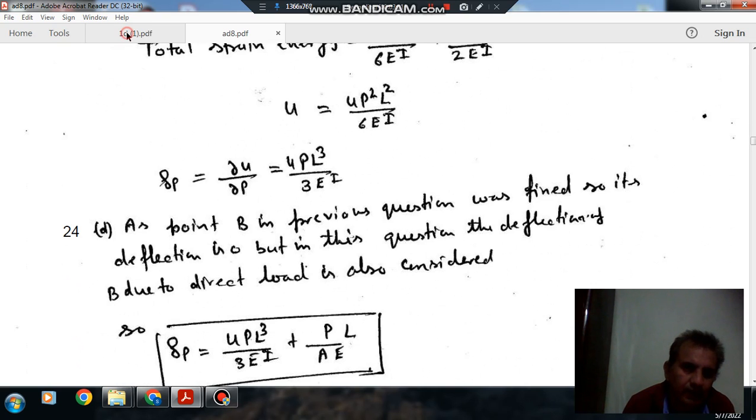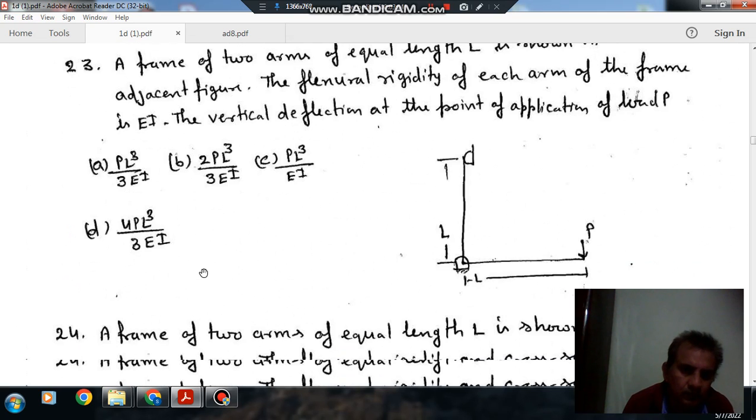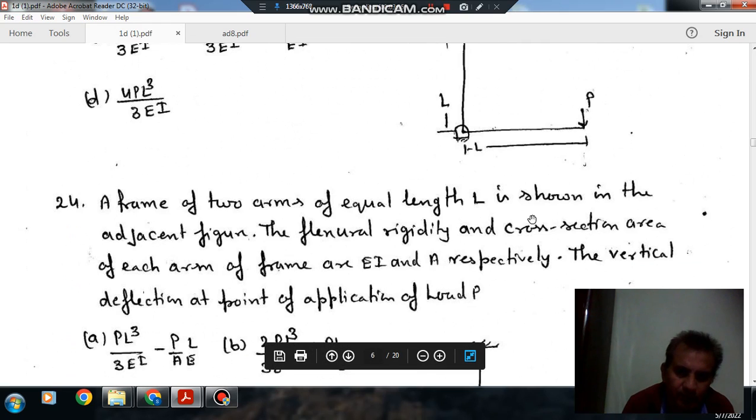Okay. The next question: a frame of two arms of equal length L is shown in the adjacent figure. The flexibility and cross-section area of each arm of the frame are EI and A respectively.